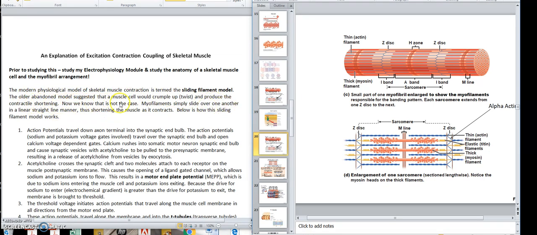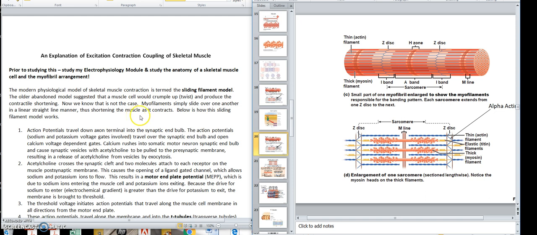Now we know that is not the case. Myofilaments simply slide over one another. The actin slides over the myosin because the myosin pulls it over in a linear, straight line manner, thus shortening the muscle as it contracts. Below is how the sliding filament model works.